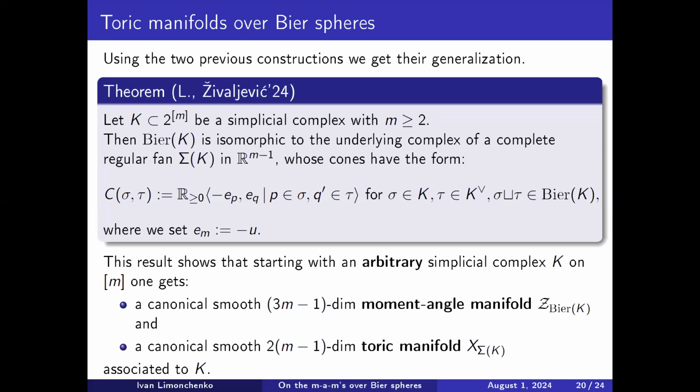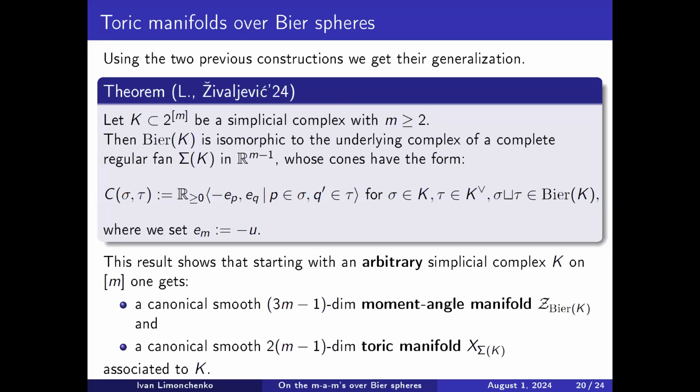What this result shows is that, starting with an arbitrary simplicial complex K on M, we get two nice canonical, in a certain sense, smooth manifolds. The first one is the canonical smooth moment angle manifold. I just mentioned here the complex moment angle manifold, but of course you can add the corresponding real one, R of Bier K. It will have the corresponding dimension.